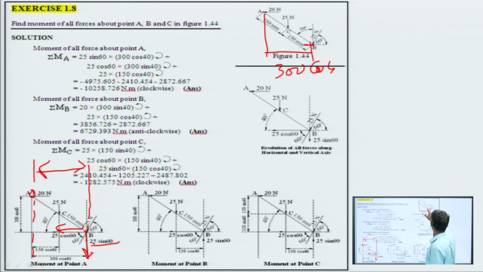So, this angle is 60. So, what will this be? This value, okay, yeah, this is 60, so this is the cos 60.